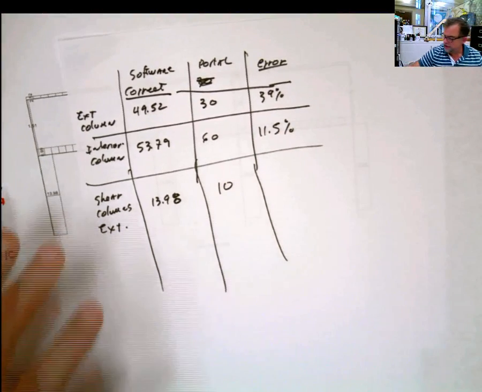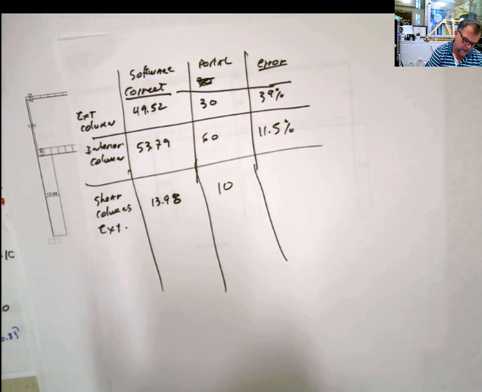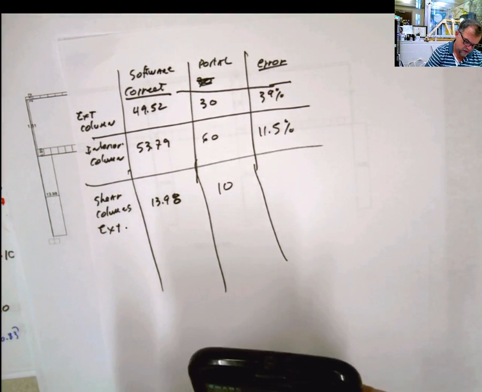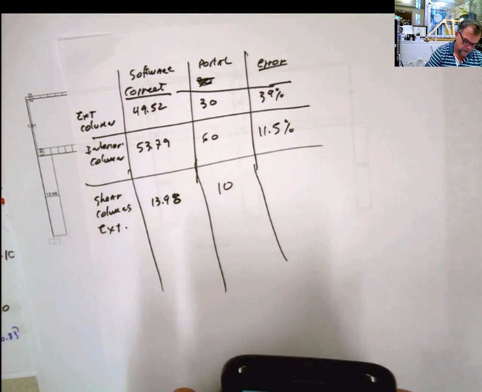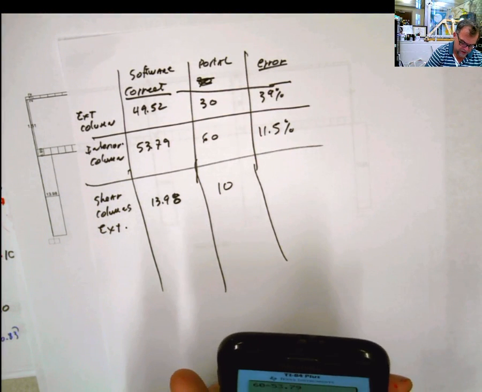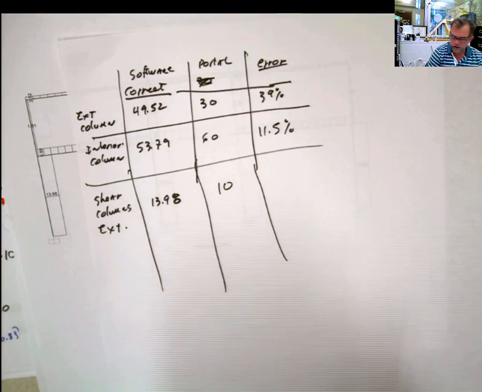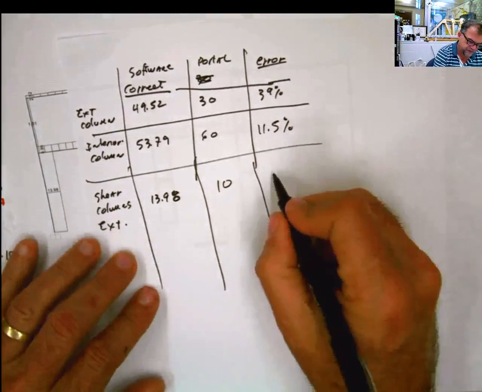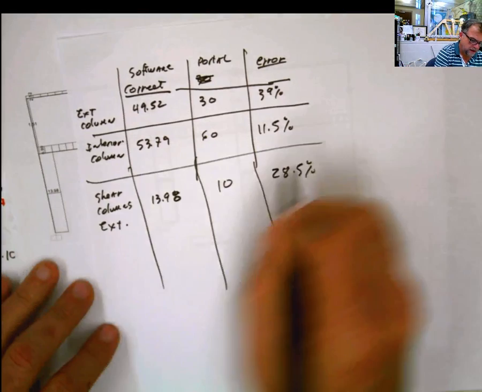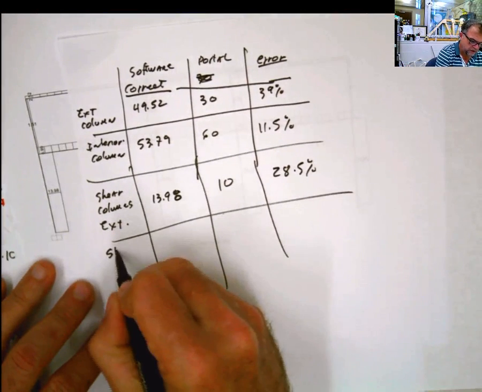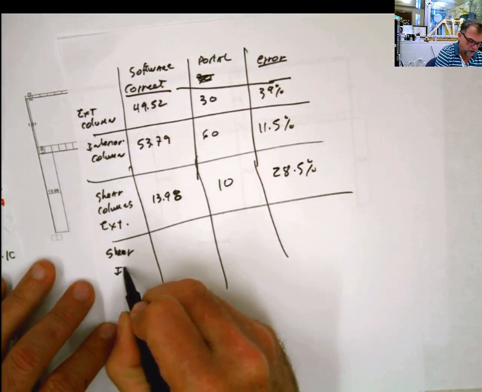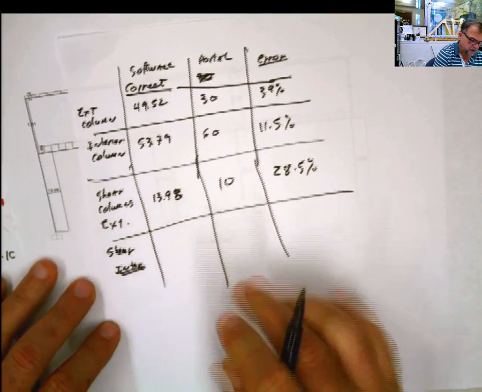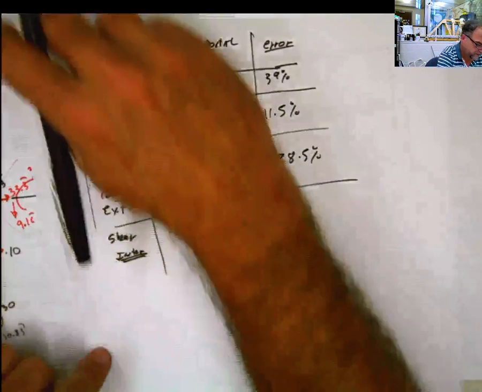So 13.98 minus 10, that will be 3.98 divided by 13.98, 28.5%. Now the shear for internal columns.